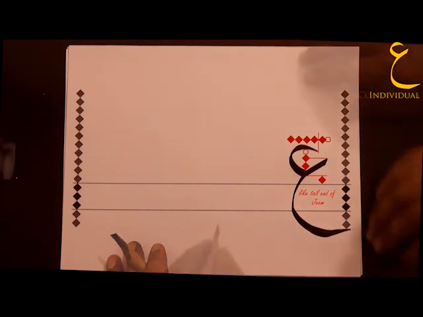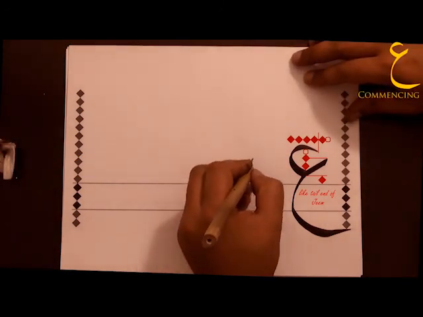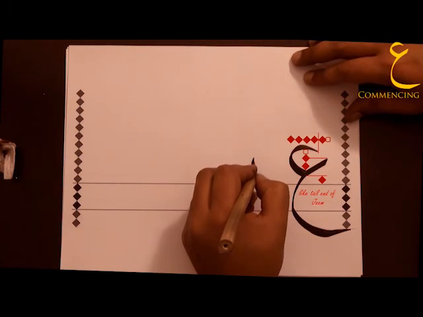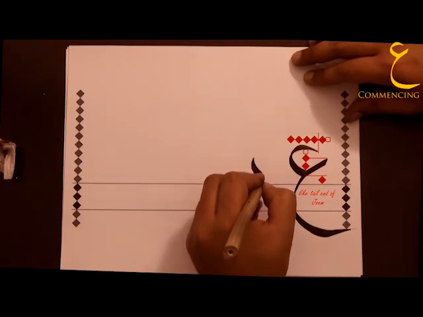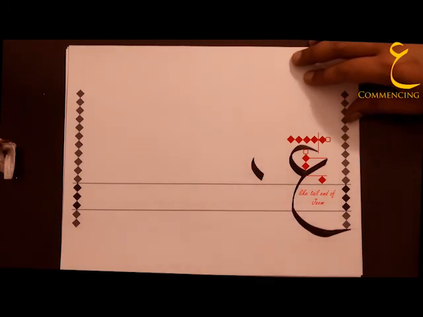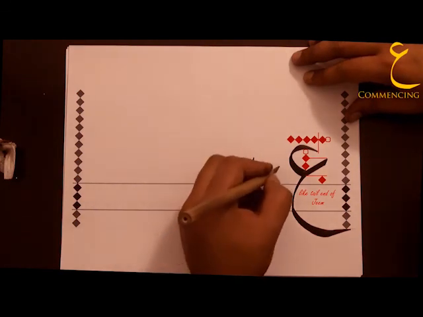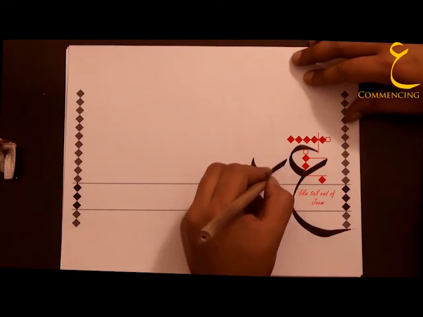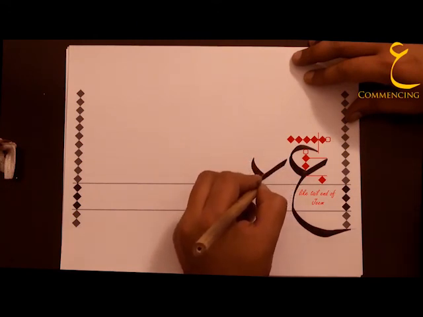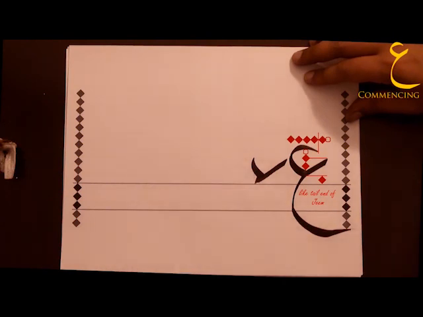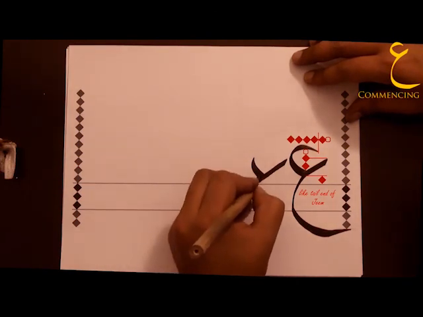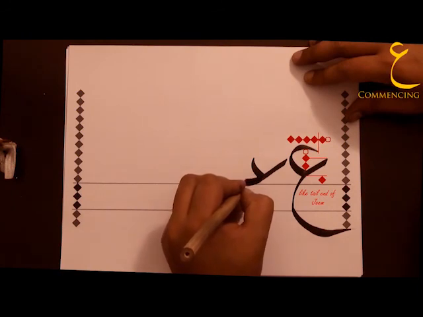And so as you can see, the initial part of this letter is slightly larger than the initial part of the Ain in Nasr. The commencing letter Ain is essentially the initial part of the individual letter. As you come down and hit the baseline, curve back upwards.